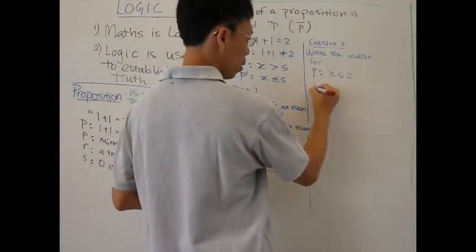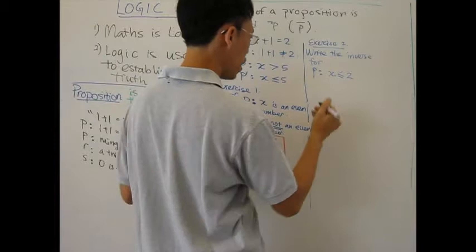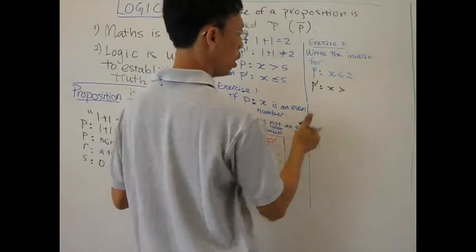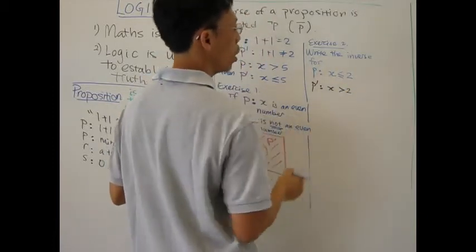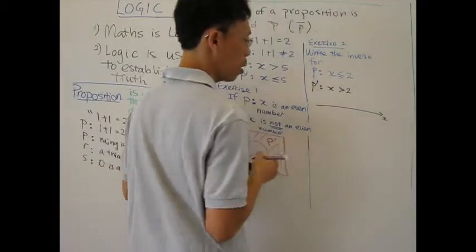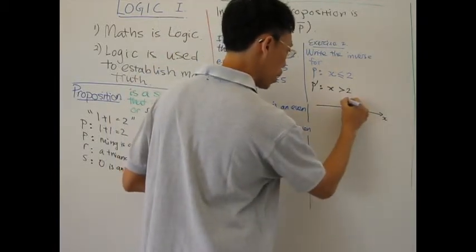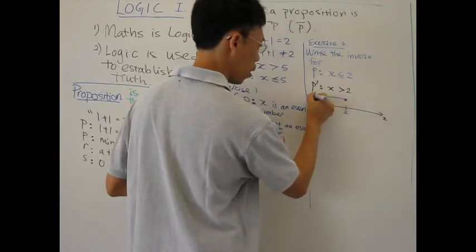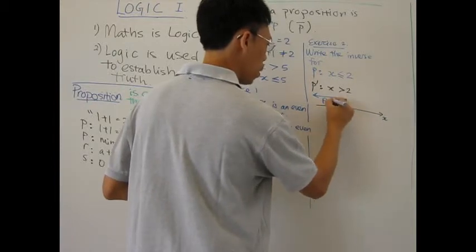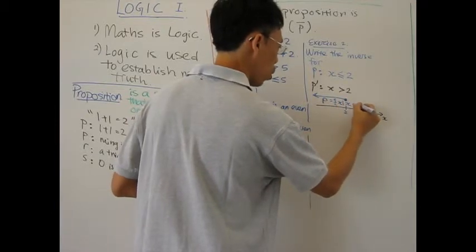So the inverse of this is p dash: x is larger than 2. If you draw a real number line like this, with x, initially I have 2, and this is my capital P. P represents all the x such that x is less than or equal to 2.